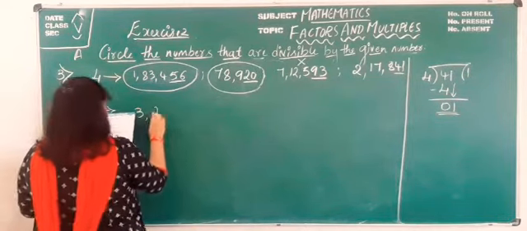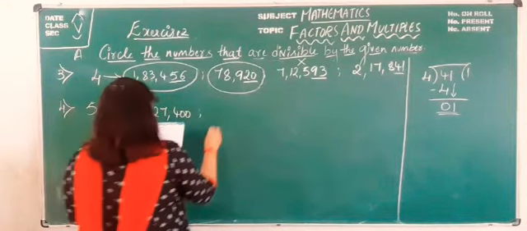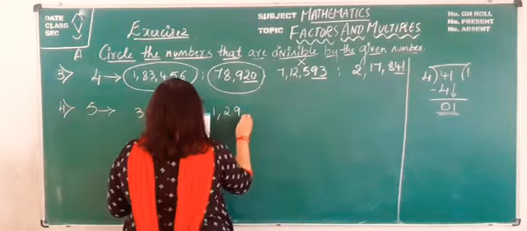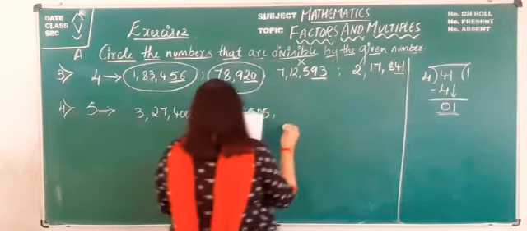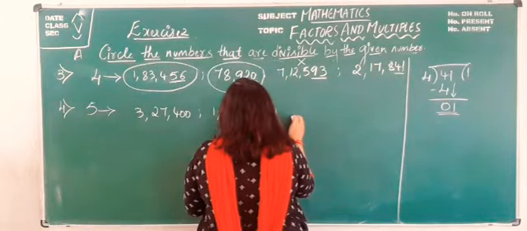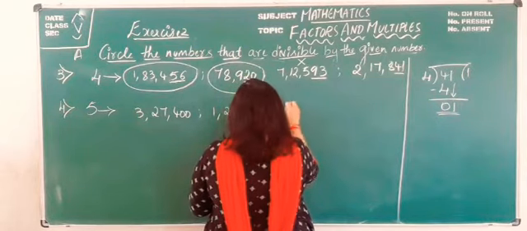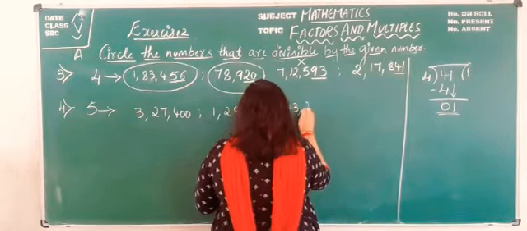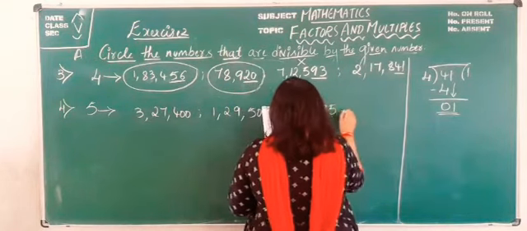Three lakhs 27,400, 1,29,505. Next we have 43,20,195.